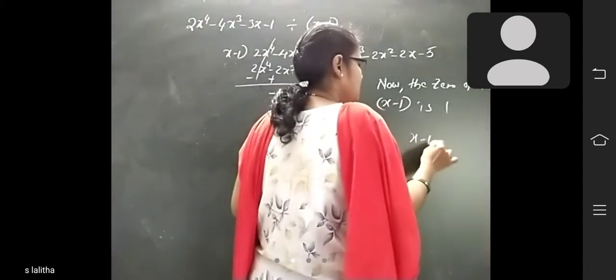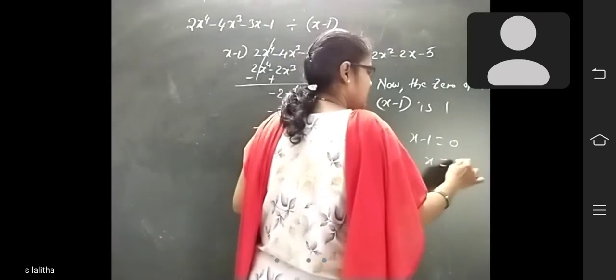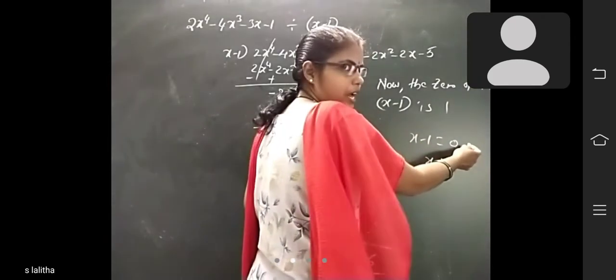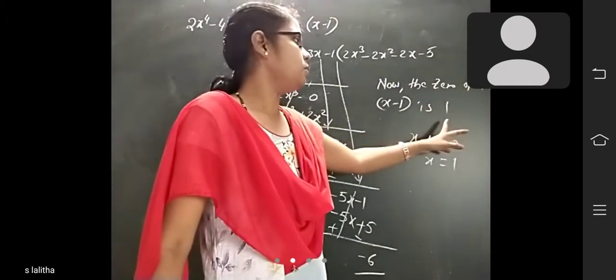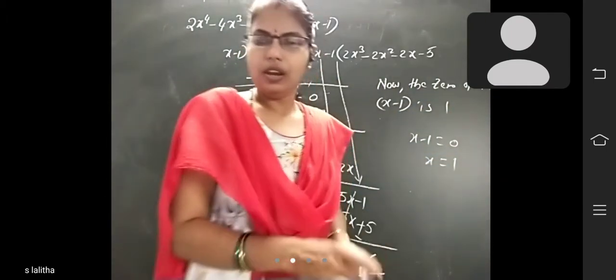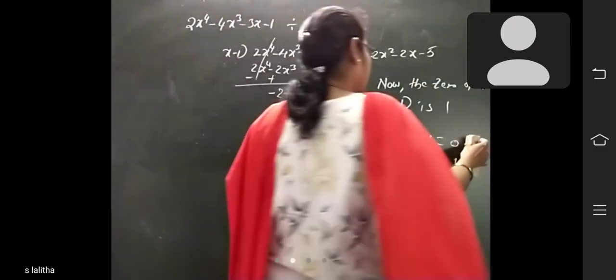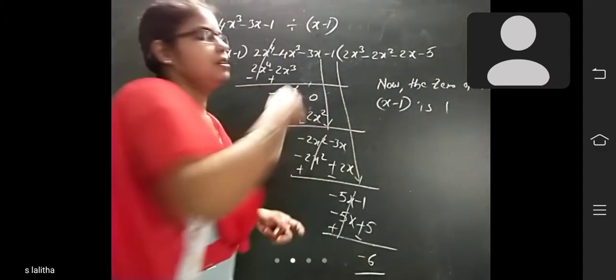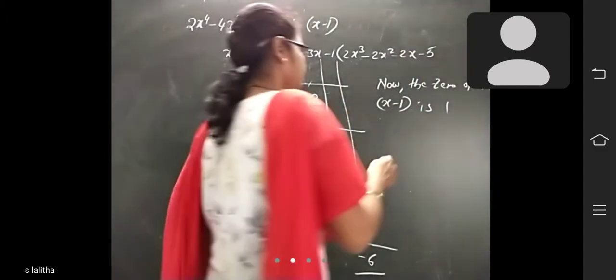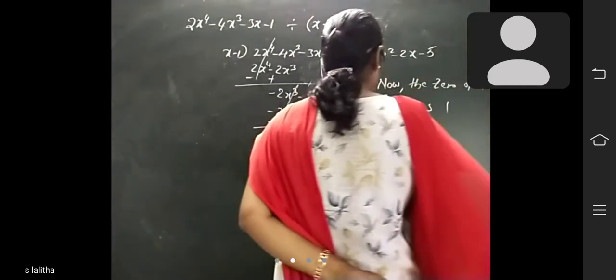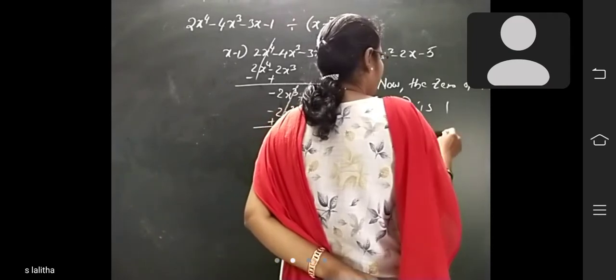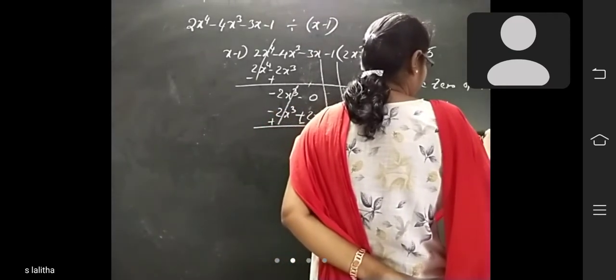Because x minus 1 equal to 0, then x is equal to 1. If you transpose to the right hand side, what will become? Plus 1. So what is the zero of the polynomial? 1. Now you should substitute x value 1 in this dividend. Okay. So let's put x equal to 1 in f of x.